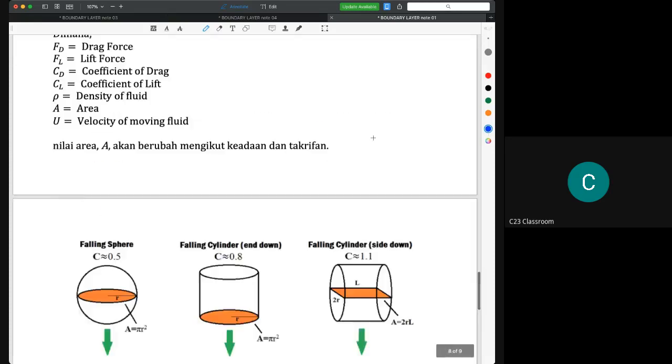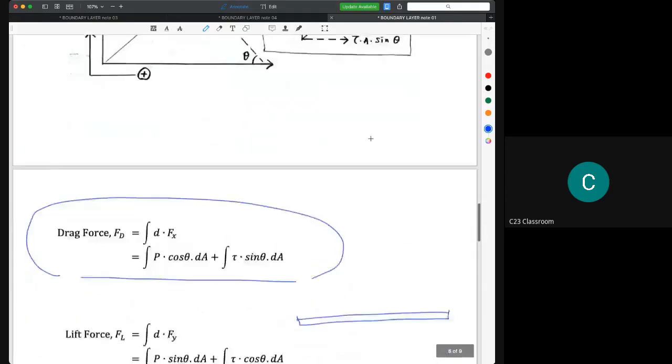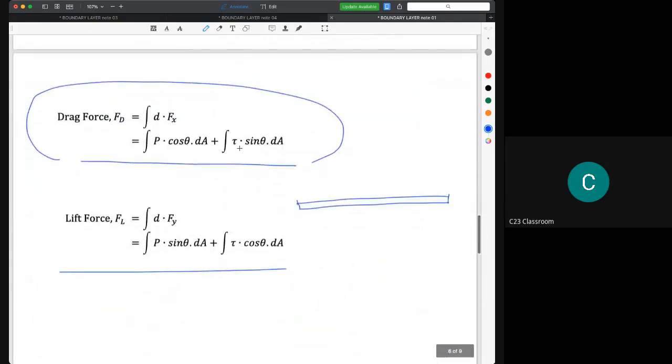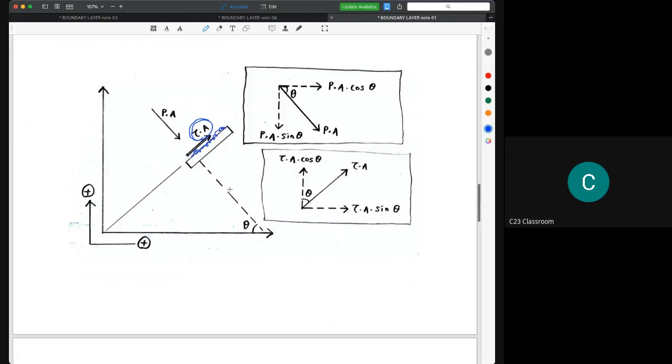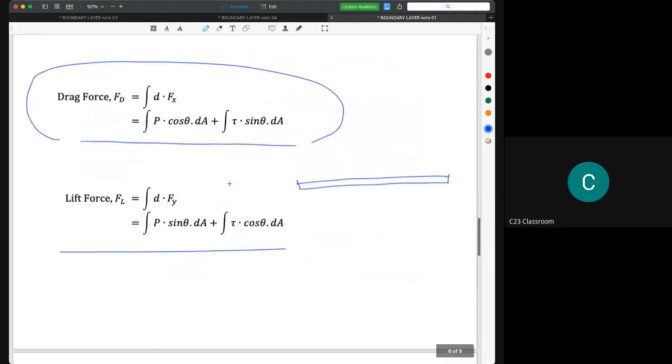The skin friction here is actually the value of shear stress, because according to this diagram, we know that the tau A here is actually the resistance that occurs on the surface. If we see this equation, we will find that this term is the force which comes from the pressure.